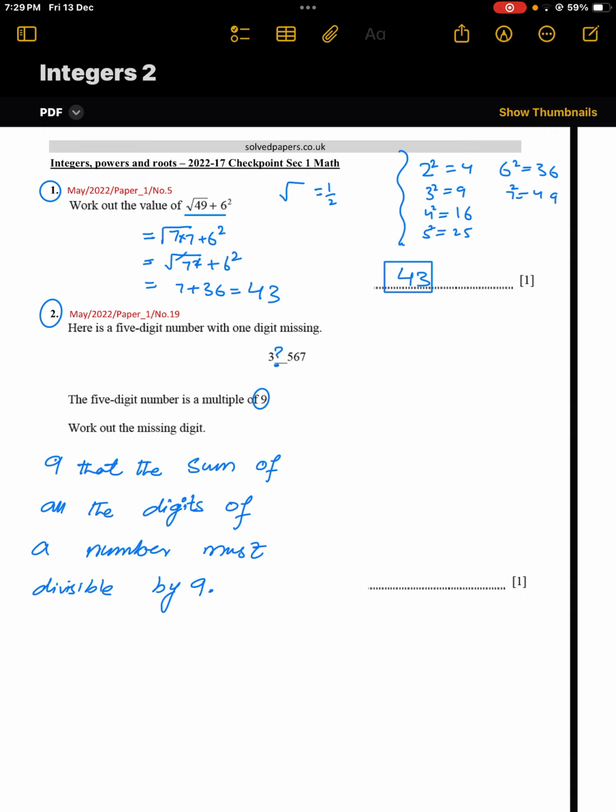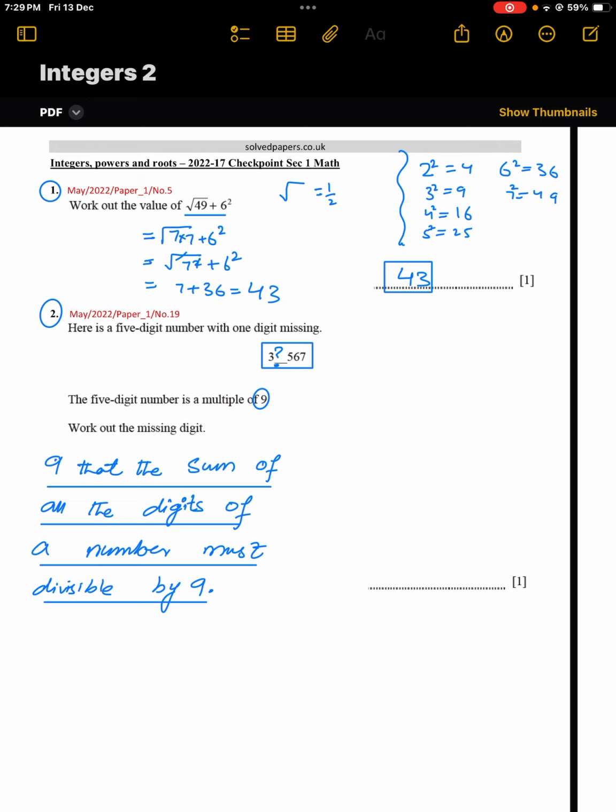The digits in the number must add up to a number that is divisible by 9. So as I have mentioned, the divisibility rule for 9 is that the sum of all the digits of a number must be divisible by 9.